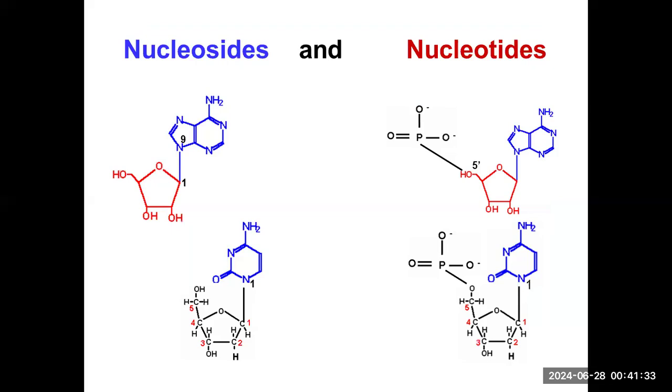You can see right here, purine attached to sugar makes a nucleoside. Pyrimidine attached to sugar, ribose or deoxyribose, makes a nucleoside. And if we attach phosphate to the sugar of the nucleoside, it makes a nucleotide.